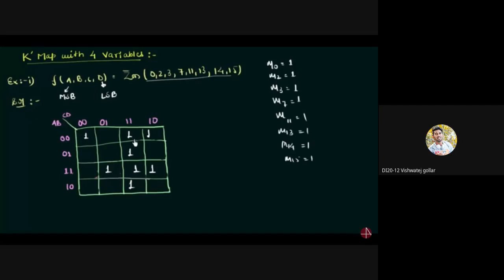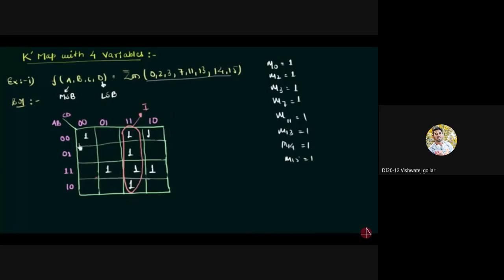As we know, in a 16 cell K-map, the best possible pairing is 16 ones, which gives you 1. But in this case, we don't have such conditions. So we will move to 8 ones, but here we are not getting 8 ones to pair. So we'll move to 4 ones, and I can see these 4 ones can be combined, and let us give it name 1.